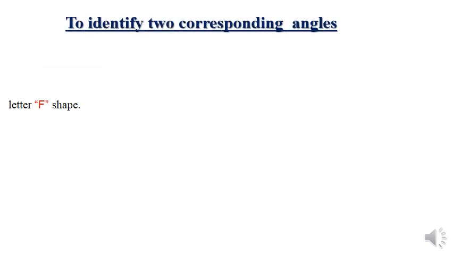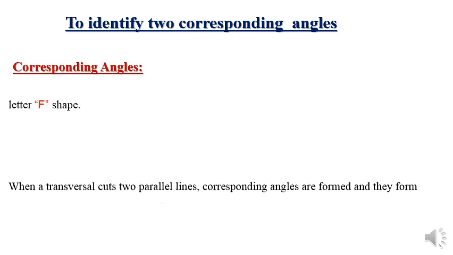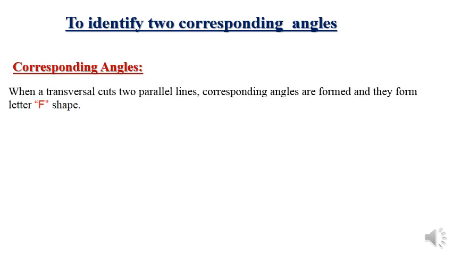Now let's learn how to identify corresponding angles. Corresponding angles, we get them when a transversal cuts two parallel lines. Then we will get these corresponding angles and they form an F shape. So to get equal corresponding angles, we have two conditions.